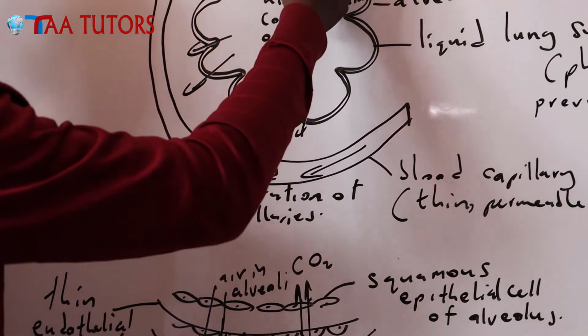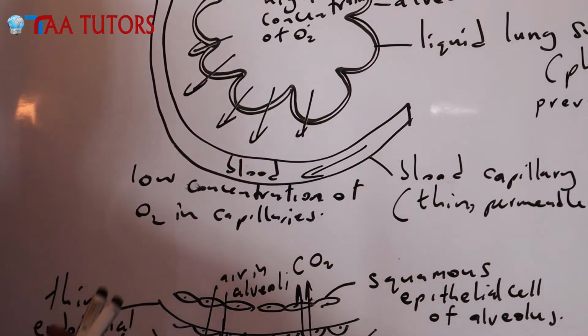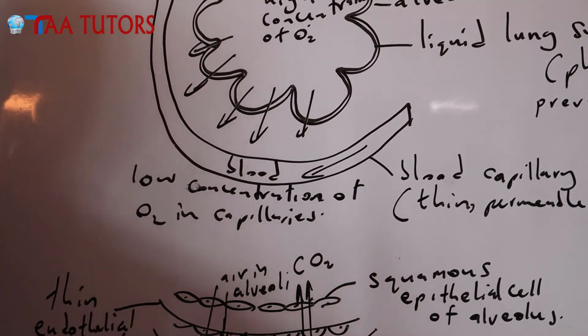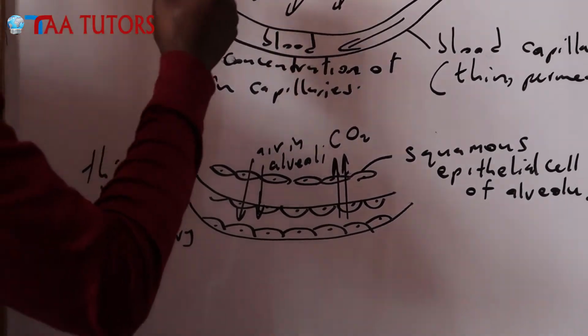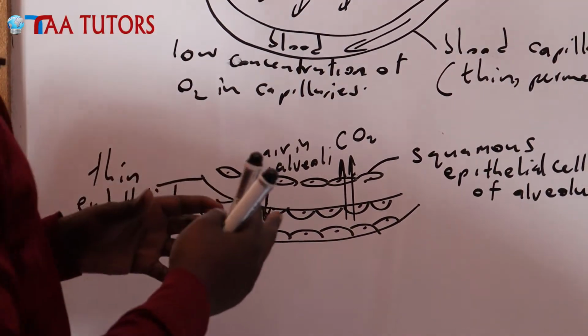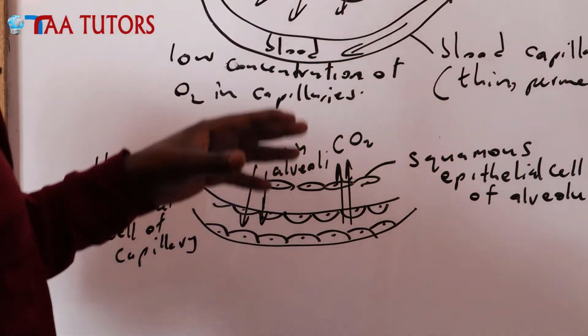Then the one inside, that is the capillary wall, which we are calling the endothelial wall. It is also 1 cell thin. Those two features make sure that there is efficient gaseous exchange because the distance is reduced.